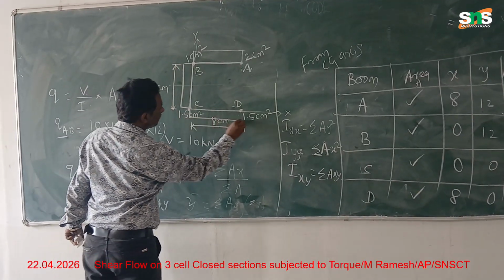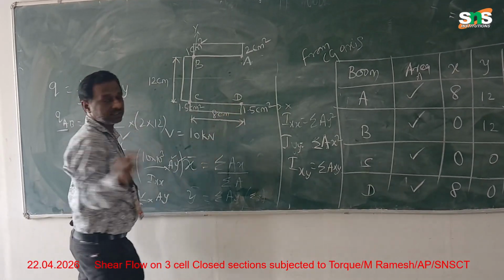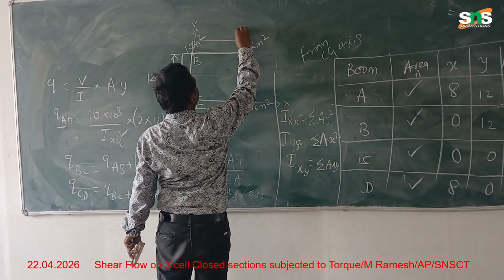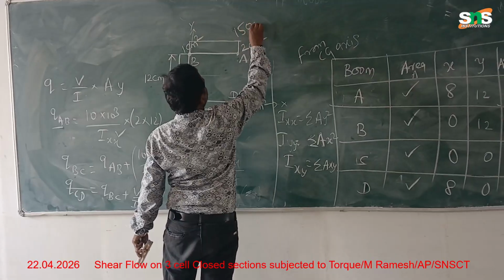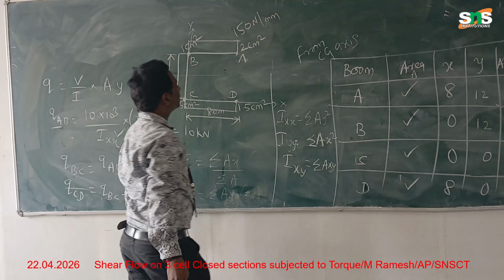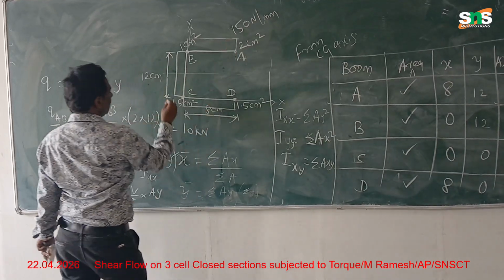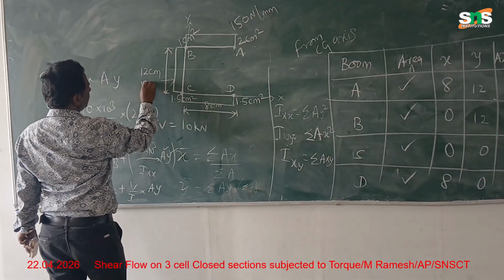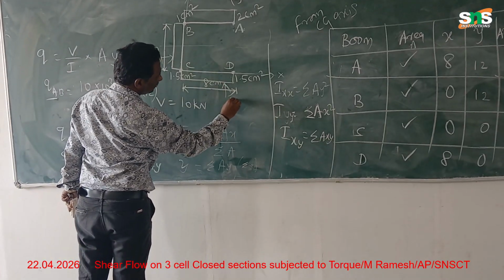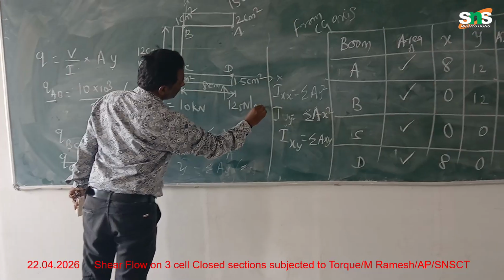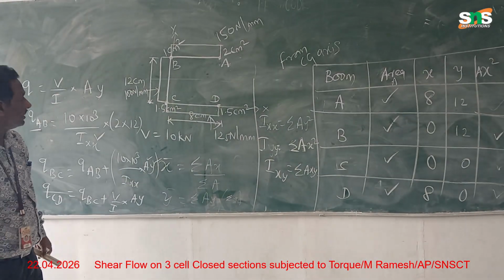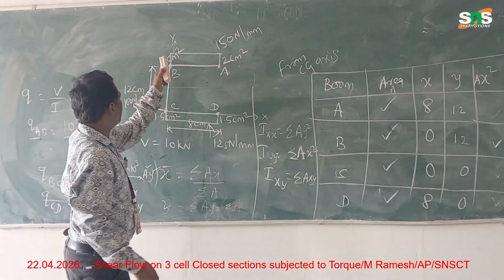Now, this height refers to the value. Let's take some values: 150 Newton per mm, here 100 Newton per mm, and here let's say 125 Newton per mm. But where the shear flow goes from is what matters, whether it goes in this direction or this direction.